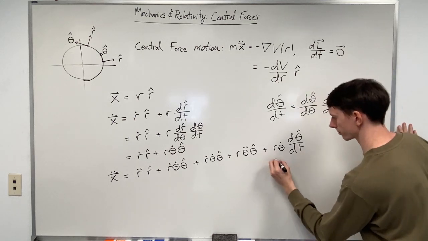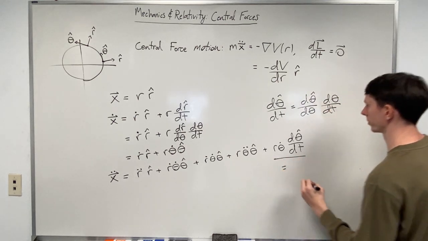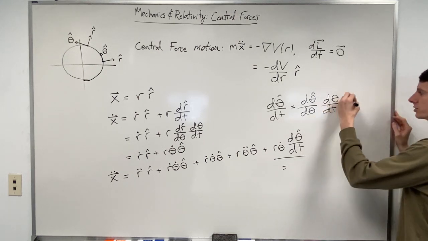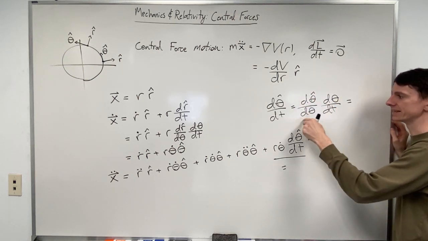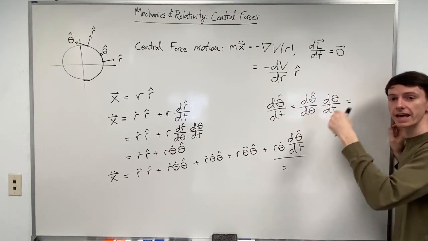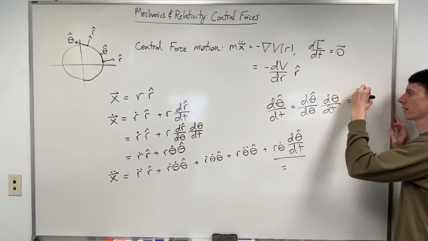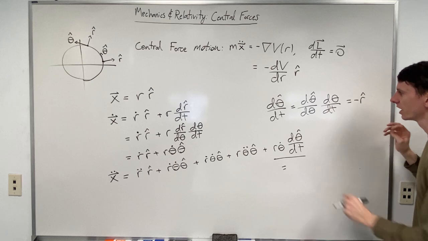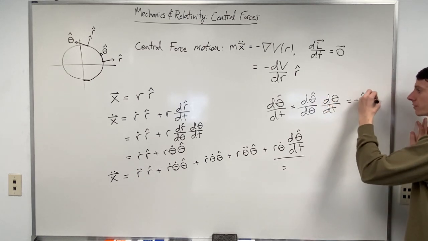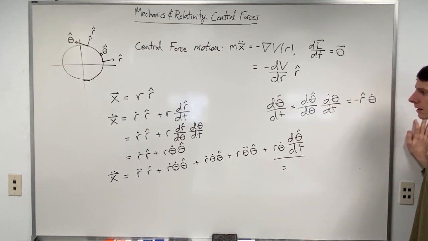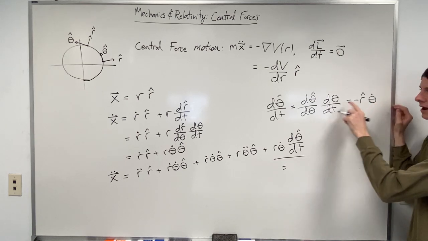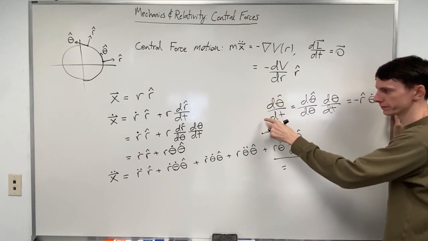So let's say, what are both of these two terms, right? This term, d theta hat d theta, gives us negative r hat. That's just, again, a property of differentiating polar basis vectors. And then d theta dt gives us another factor of theta dot. So keeping in mind that negative theta dot times r hat, that's what this time derivative is right here.